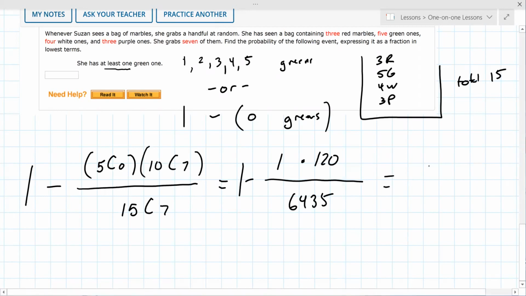And that simplifies to 421 over 429. Okay, that was correct. And I'll move on here to 8, which is again another marble question.